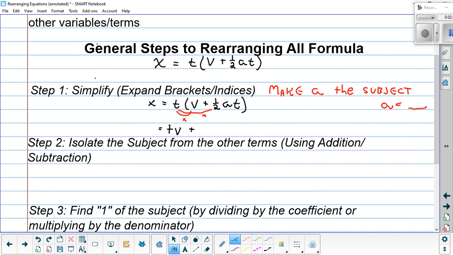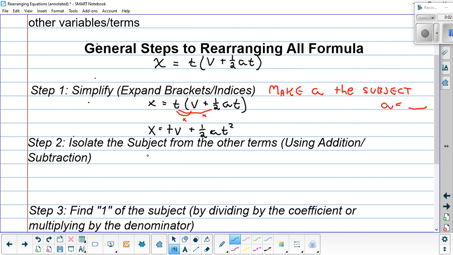So we get a positive, and that's 1/2 at squared. And of course, x equals, because we need to keep the x equals. Notice how I've lined up my equal signs here. That's just convention in maths.